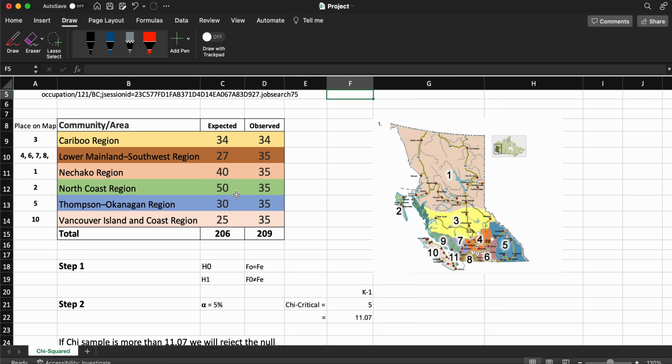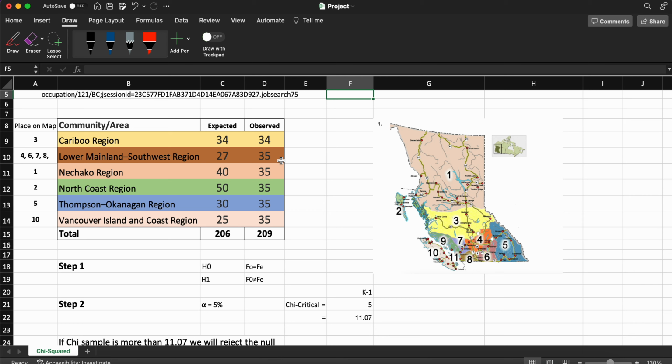And then the Thompson Okanagan is more east and south, so that's here in blue. And then Vancouver Island and coastal region is here, and then the Lower Mainland Southwest region is all around here, so that's in brown.